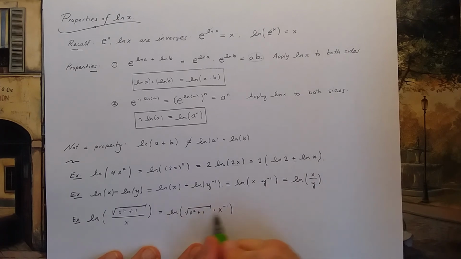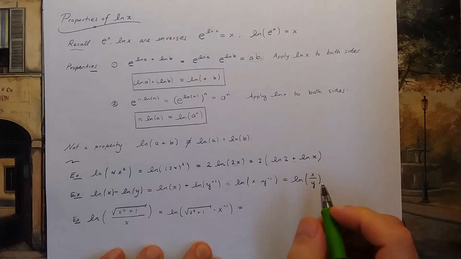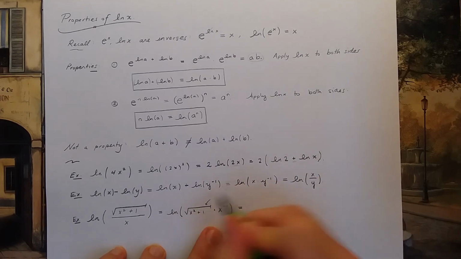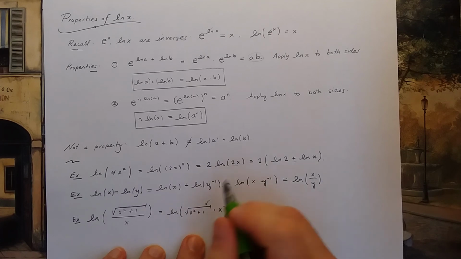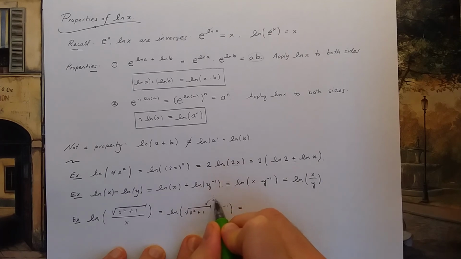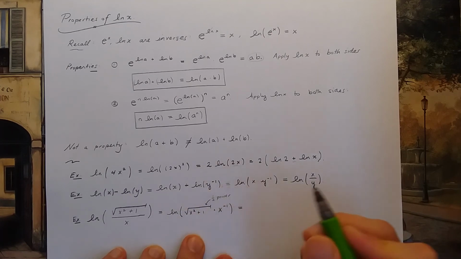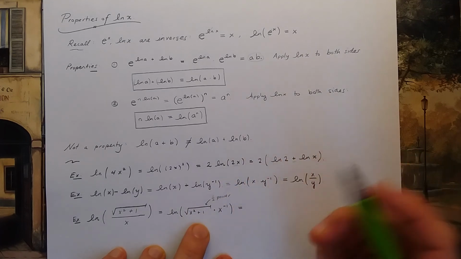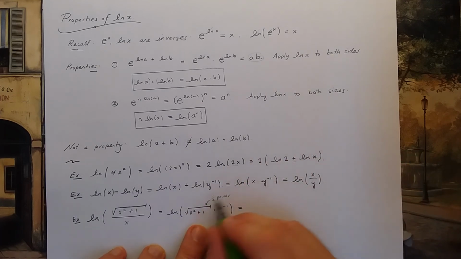Logarithms turn multiplication into addition. That's property 1. So I'm going to use property 1, and also I'm going to use property 2 at the same time. This square root function is a 1/2 power. So taking the square root is the same as raising that expression to the 1/2 power.